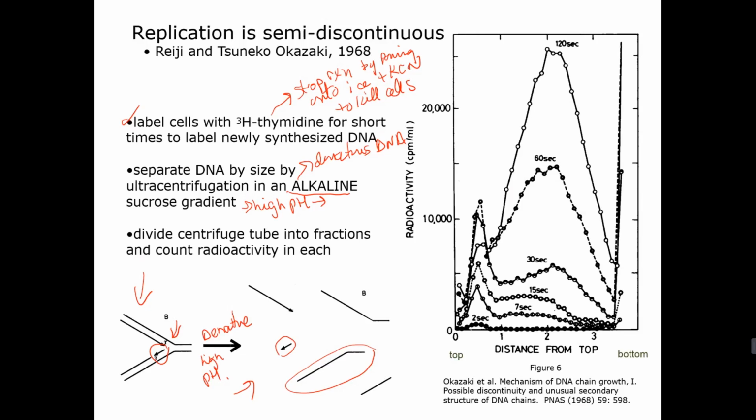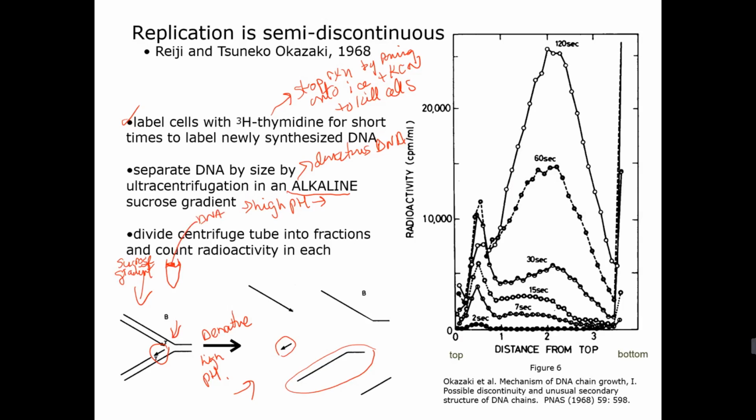Okay, so the strategy is kind of the same. We have our sucrose gradient. So I'll just draw this here. So this is our sucrose gradient. Okay, and in this case we layer our DNA extract on the top. So we add in our DNA.